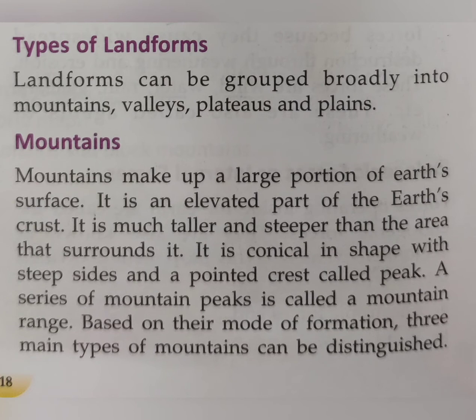It is conical in shape with steep sides and a pointed crest, and that pointed crest is called its peak. A series of mountains is called a mountain range. If the mountains are connected to each other, that series is called the mountain range.